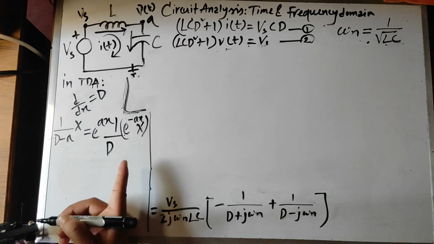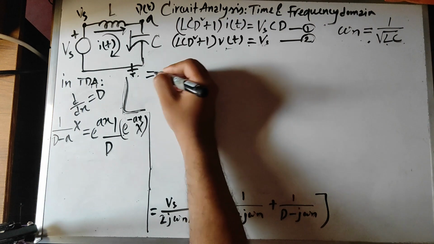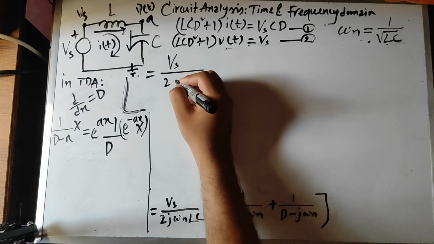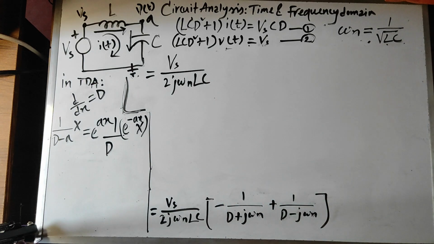This is the basic formula. We're going to use it here. So Vs by 2j omega n LC.